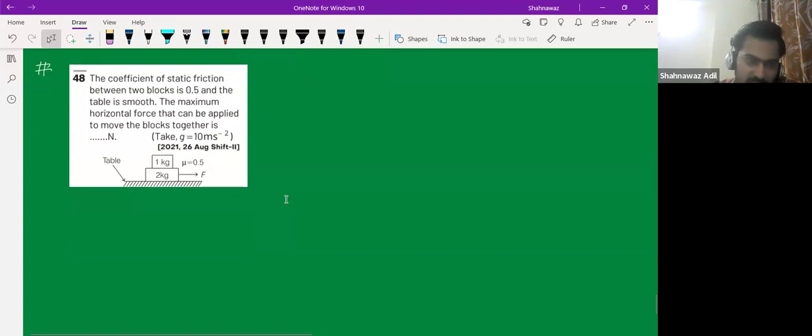Okay. So we have this table and this table is frictionless. And there are two blocks kept on it.